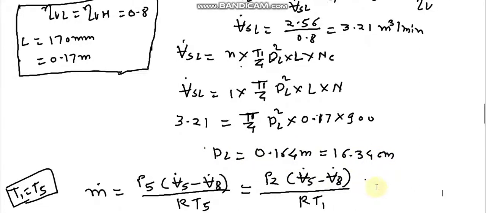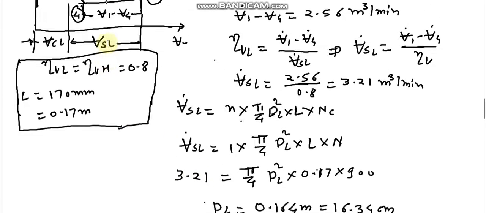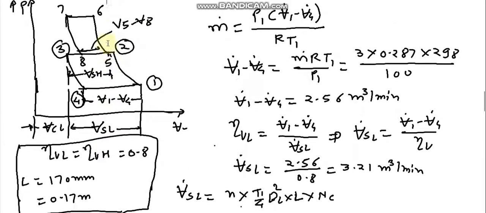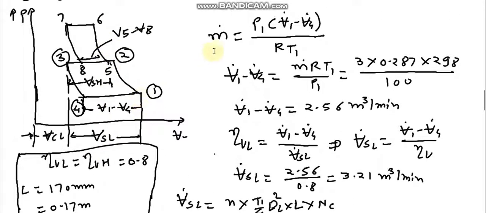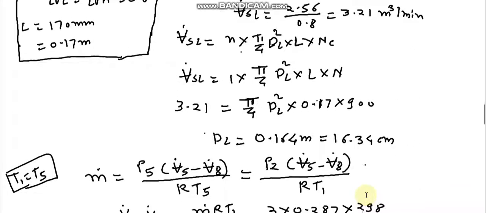Now we have to find out DH. For DH, we are using the mass flow rate formula. The mass flow rate at the suction conditions of LP is m dot equals P1 (V1 minus V4) upon RT1. And for this stage, it is P5 (V5 minus V8) upon RT5. So we are using this formula.